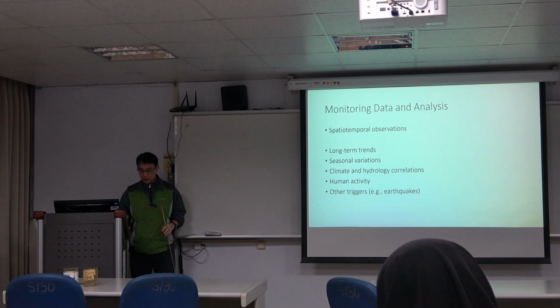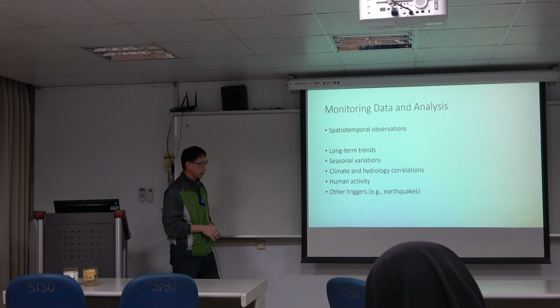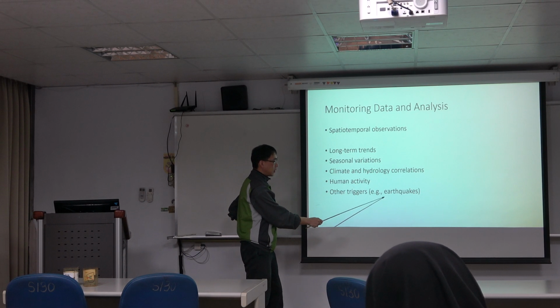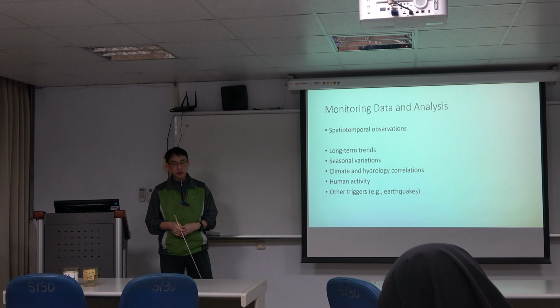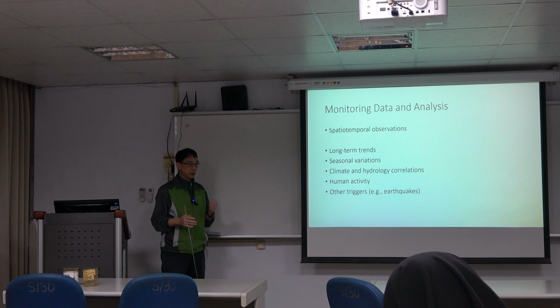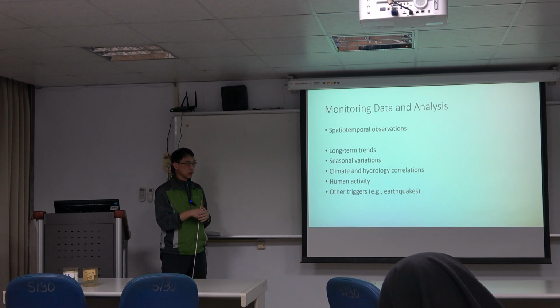Another issue is other triggers, like earthquakes. Earthquakes have a large effect when you see the groundwater level have a very abnormal increase or decrease pattern or signal. You can first check if there were any earthquake events around that period of time.